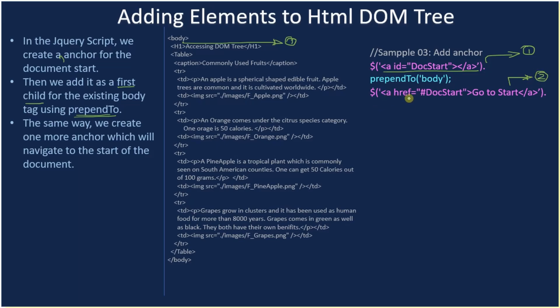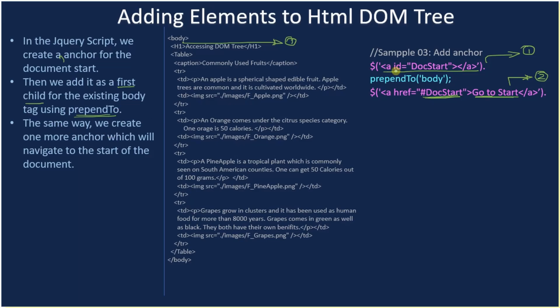This is an anchor hyperlink reference, hash document start. That means when user clicks this hyperlink, it goes to the document start, and we are naming this as go to start. And we are ending the anchor here, right?